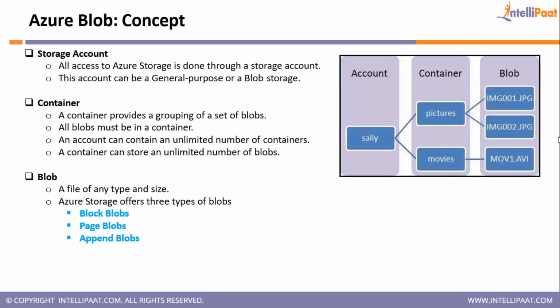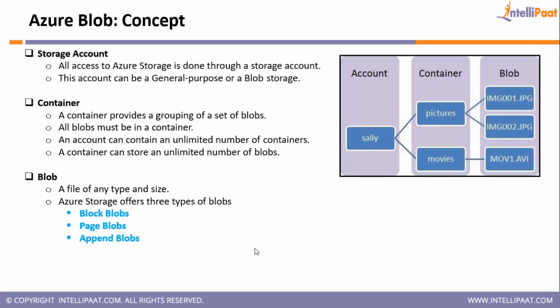To understand the hierarchy, there is an account, and the picture in this slide explains it well. You have an account named Sally, which is an Azure storage account. And inside that Azure storage account, you have a blob service, which is not reflected here. Between the account and container, you can put another layer, which identifies the blob service.